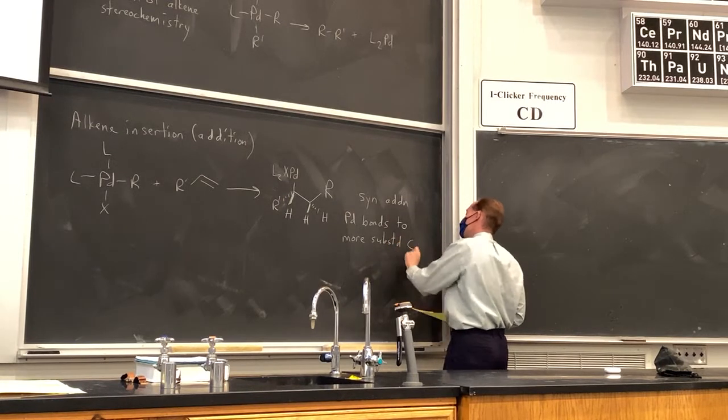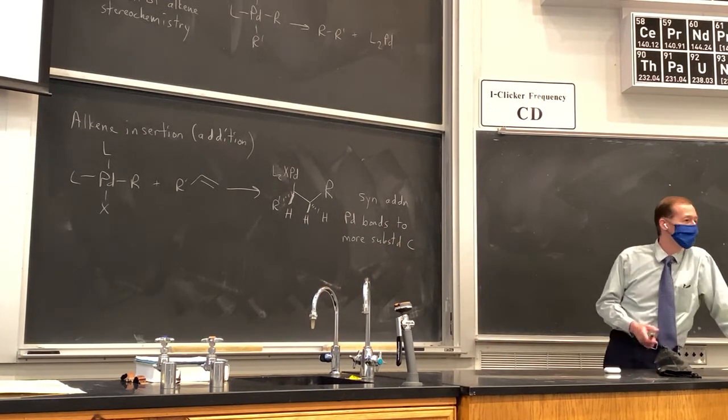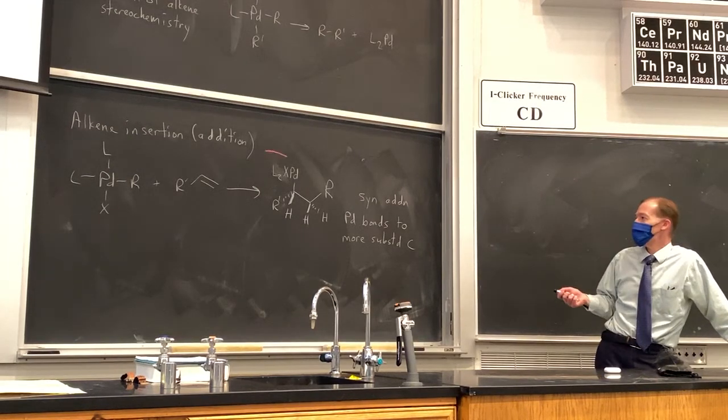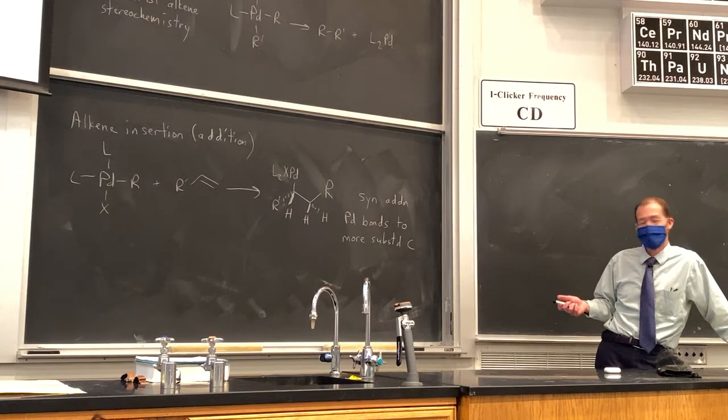Now that should surprise you. Right? This palladium is huge, and it has these giant ligands on it. Okay, so this is a massive group, yet it is bonding to the more substituted carbon.